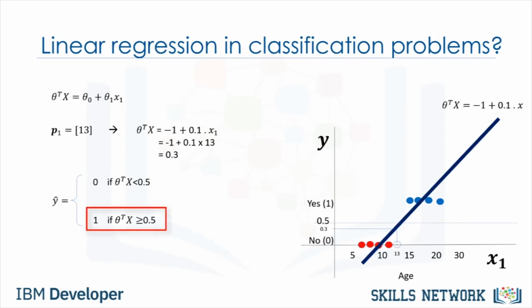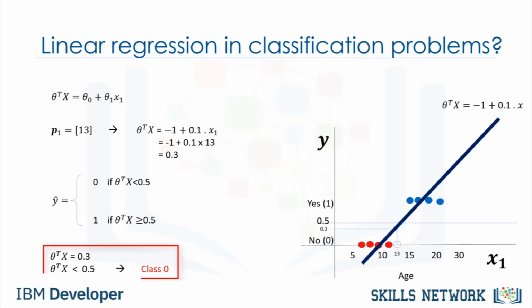Otherwise, if the value of theta transpose x is more than 0.5, then the class is 1. And because our customer's y value is less than the threshold, we can say it belongs to class 0 based on our model. But there is one problem here. What is the probability that this customer belongs to class 0? As you can see, it's not the best model to solve this problem.